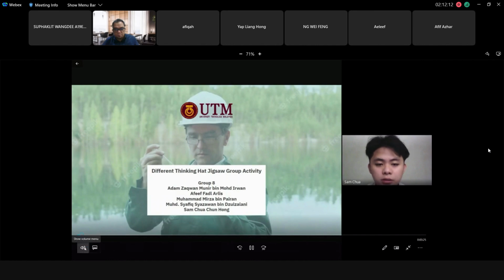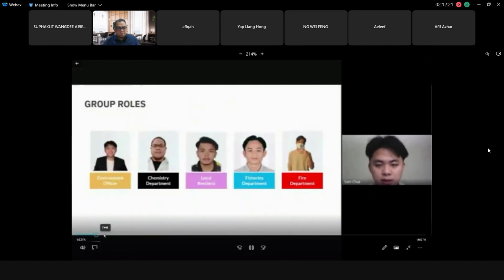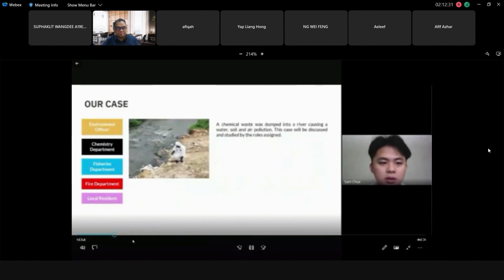Hi, and a very good day, doctor. We are from group 8 and we'll be discussing the different thinking hats jigsaw group activity. Our group consists of Adam, Afif, Miza, Shafiq, and me, Sam. Sam, that is me, will be the environment officer. Afif is the chemistry department. Miza is local resident. Adam is fishery department. And lastly, Shafiq is fire department. So 5 of us.